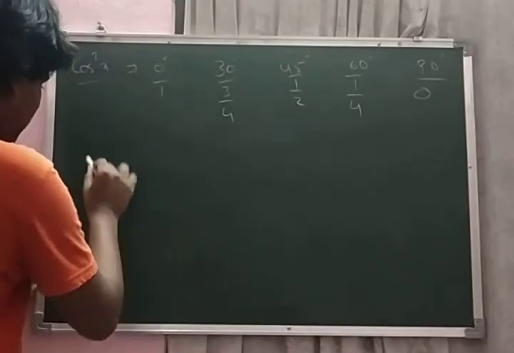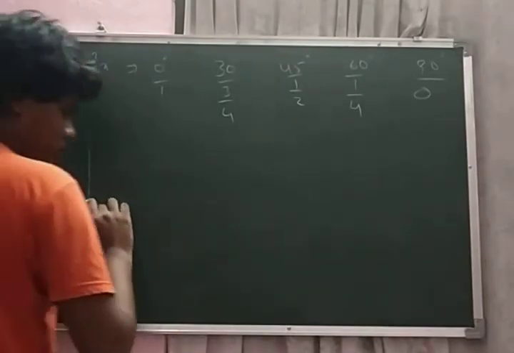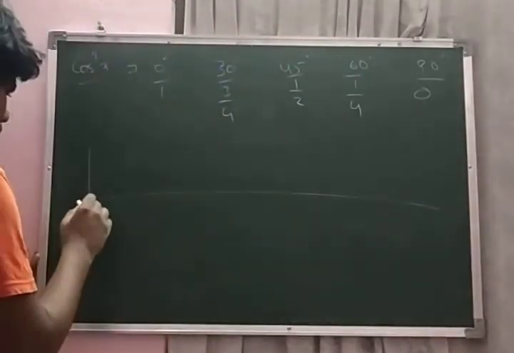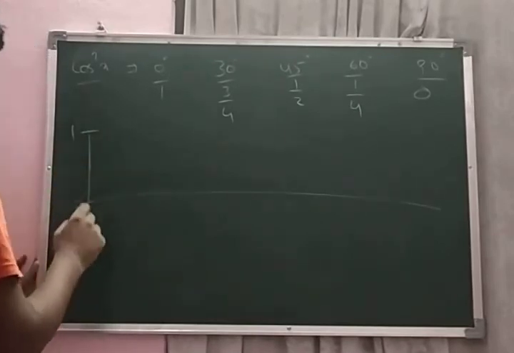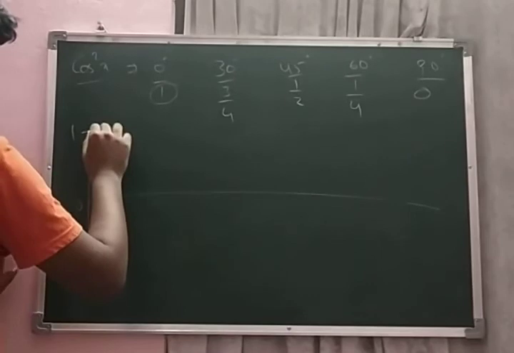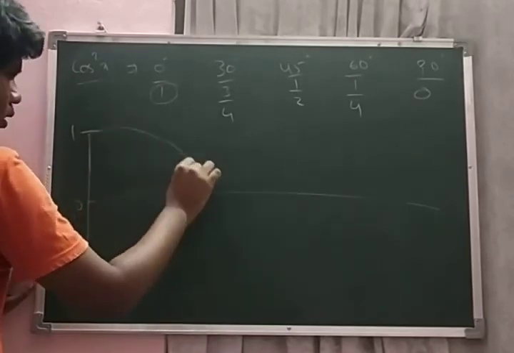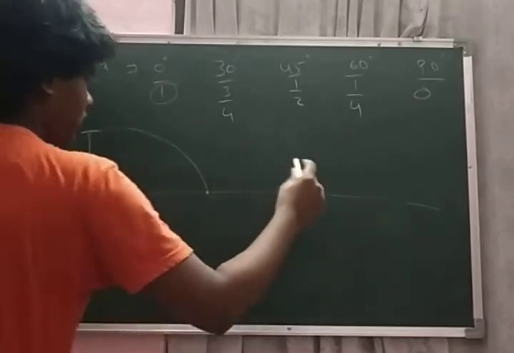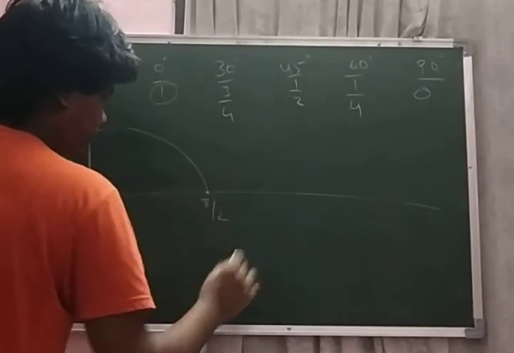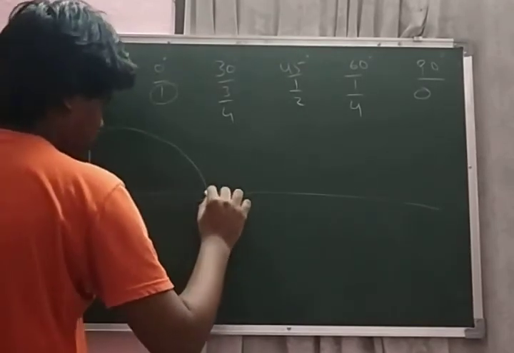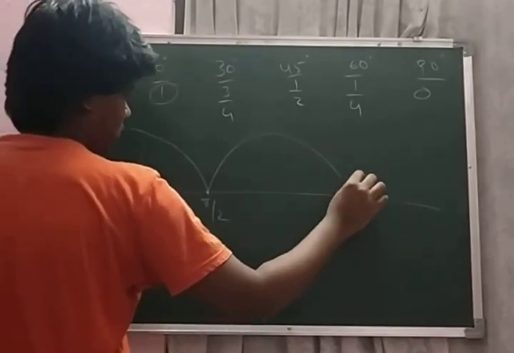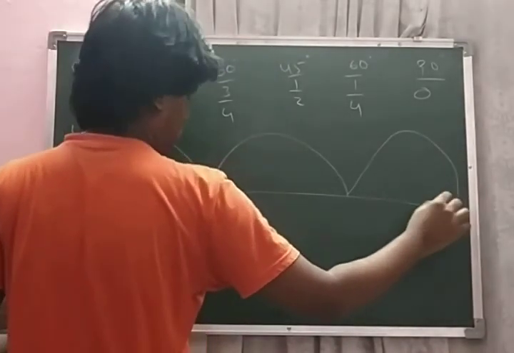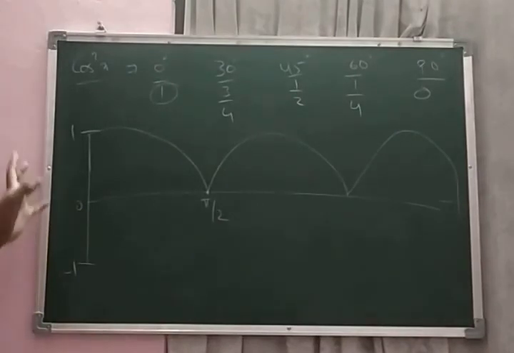So now by drawing the graph, it is 0, here it is 1, here minus 1. Now it starts with the value 1 and it reduces to 0 at 90 degrees, that is pi by 2. So again it starts. So like this the graph continues.